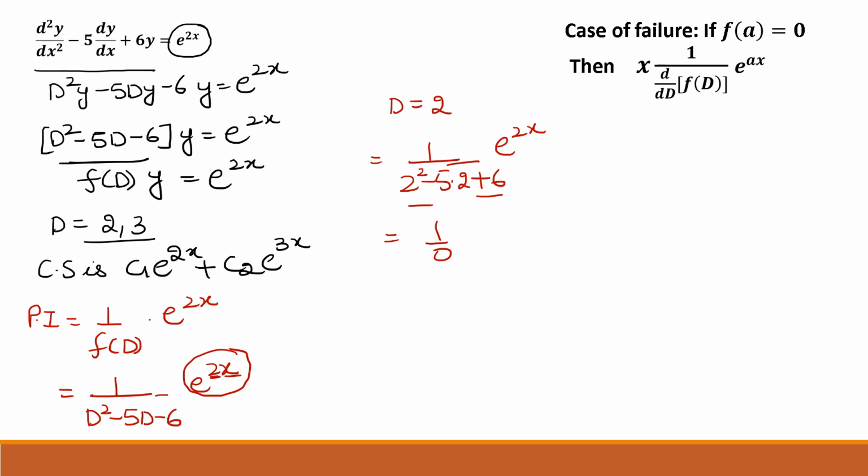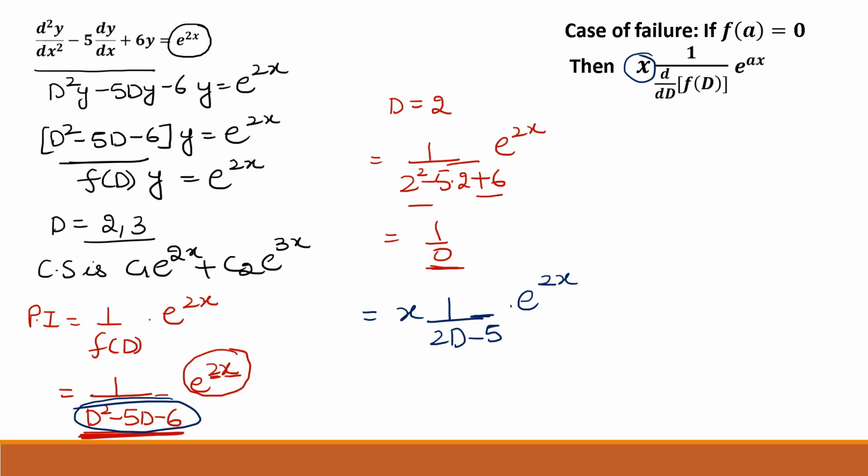So here, because we are getting 0 here, this is my f of D, so we will just differentiate this and we will multiply 1x from the left hand side. So we will get x, 1 over, what is the derivative of this? That is 2D minus 5. So we are differentiating with respect to D, e power 2x.